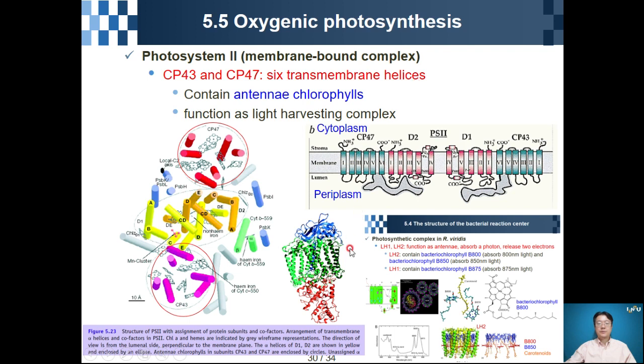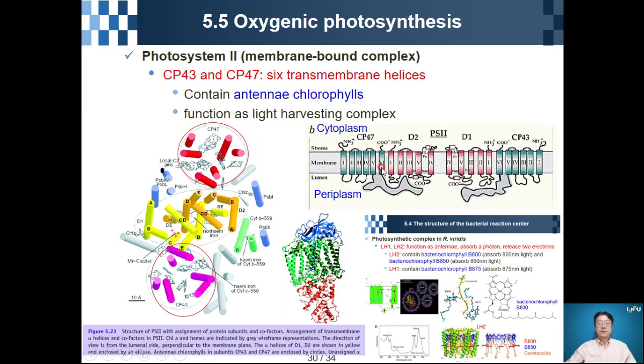Previously, the reaction center in bacteria only had the L subunit and M subunit transmembrane helices. However, in photosystem 2, they have additional transmembrane helices, which are CP43 and CP47.